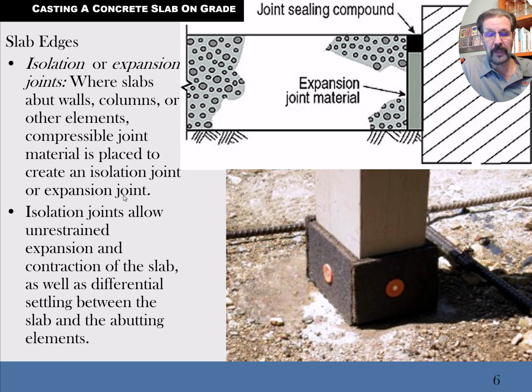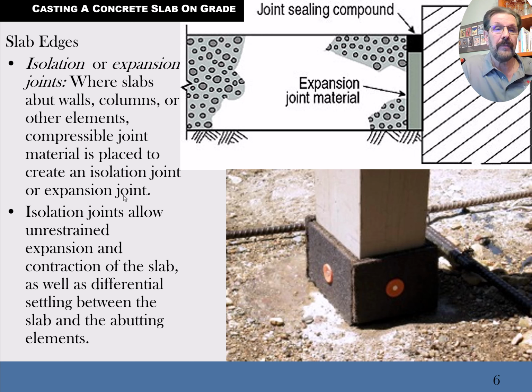We isolate anchorage points in walls. If you've got something like a post or a column, whether it's made of wood like this, which is not likely to be useful outdoors in Louisiana, or a piece of pipe, or even a concrete column going down through that slab to a pad footing, it's an anchorage point.